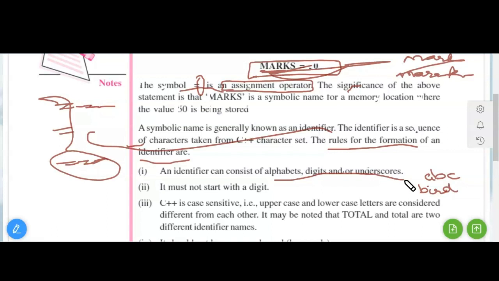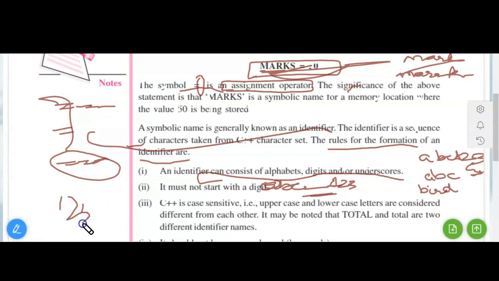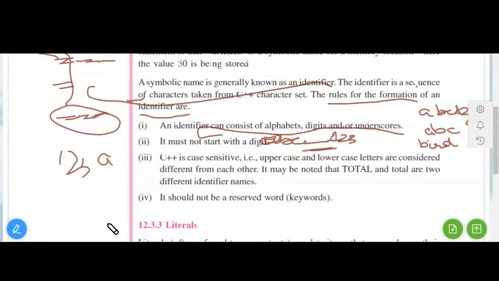If I want to use a digit, I can use ABC123. Another option is an underscore; I can also name a variable ABC underscore 123. This is also possible. So these are the rules that have to be followed while naming an identifier or a variable. It must not start with a digit, so your name should not start with 1, 2, 3. These rules have to be followed.